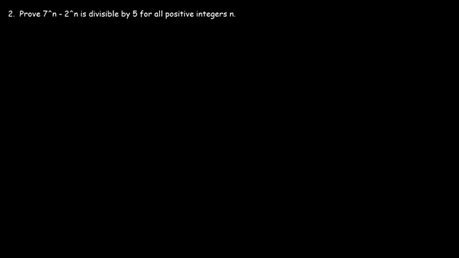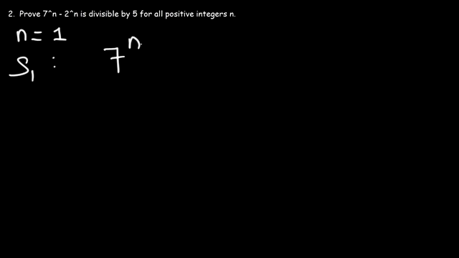Now let's work on number 2. Prove that 7 raised to the n minus 2 raised to the n is divisible by 5 for all positive integers n. So let's follow the same process. First, let's prove that it's true when n is 1.